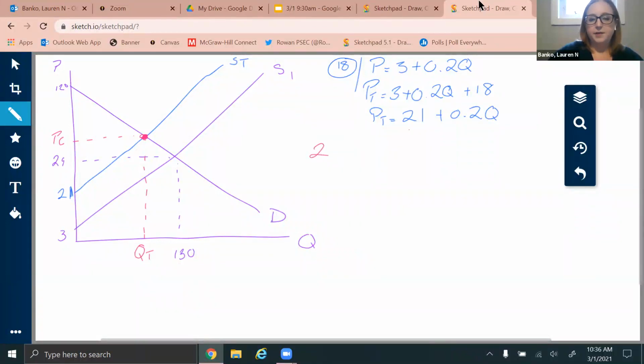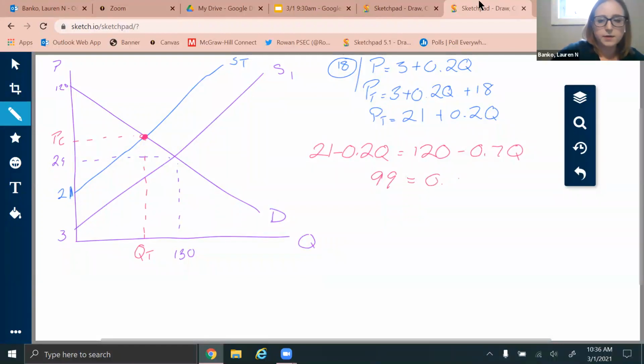So I'm going to take the new supply, 21 plus 0.2Q, and set it equal to the demand curve. So I'm equating the prices. And we're just solving for Q now. So this is going to be 99 equals 0.9Q.